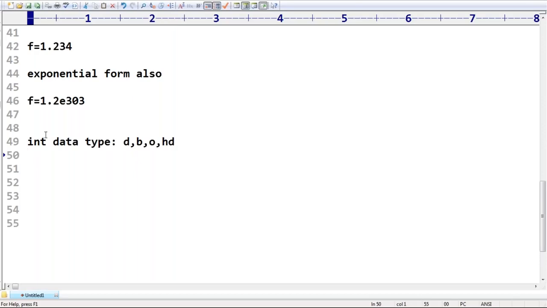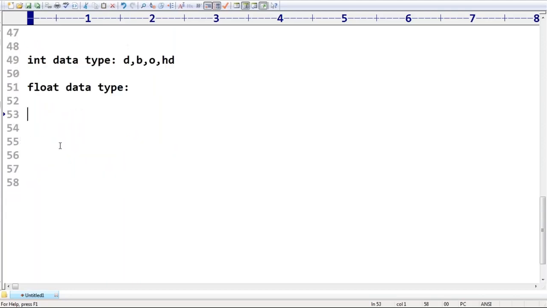So now my question is, sir, why don't we apply the same for float data type also? I want to specify values for float data type also. How can you do that, sir? Very simple. F is equal to 1.234.